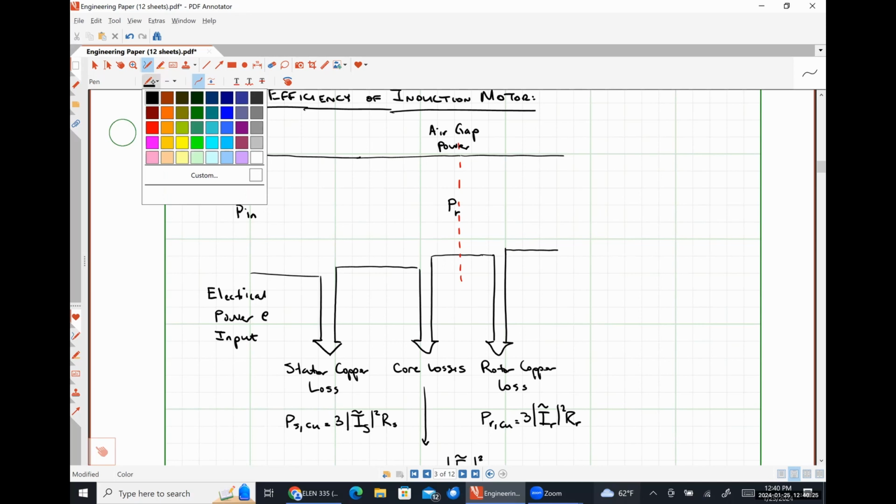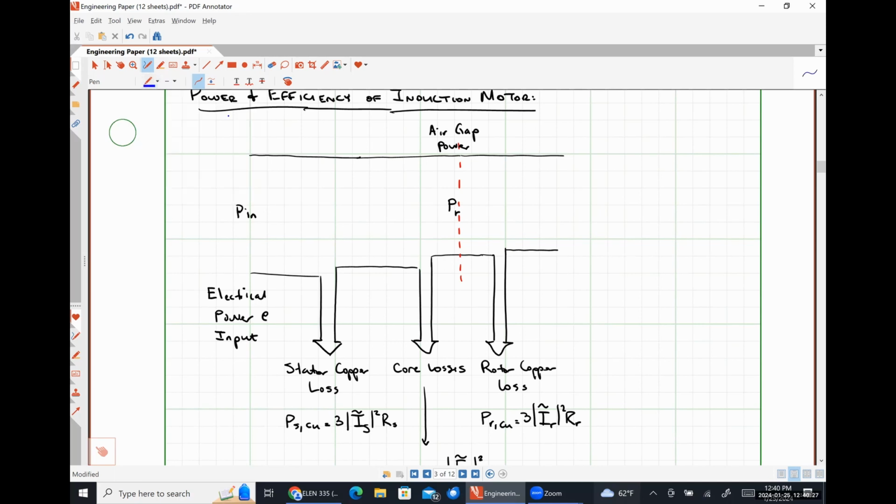And I'm going to put another dashed line here. So at this point, we figured out what our total mechanical power is, right? So this is our delivered or developed mechanical power.